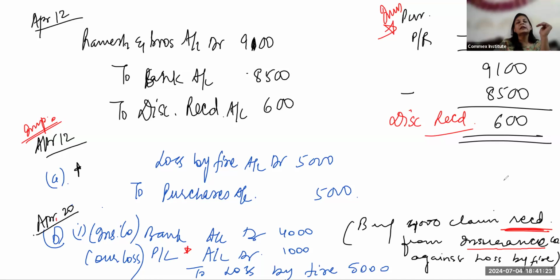So in the first stage, we debit loss by fire. In the second stage, we debit the insurance company and P&L account for the remaining loss. And in the third stage, we receive the claim from the company. Here the second entry is gone because they directly talked about the payment. That means the acceptance and the payment of the claim have been done simultaneously. So only 2 entries, not the entry for transferring the claim to the insurance company.